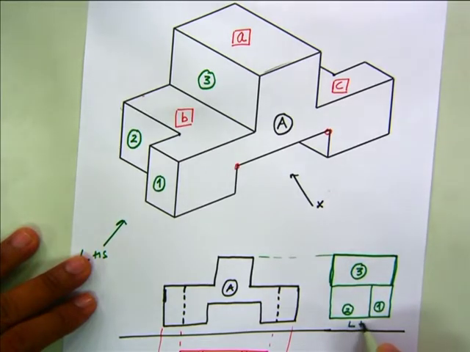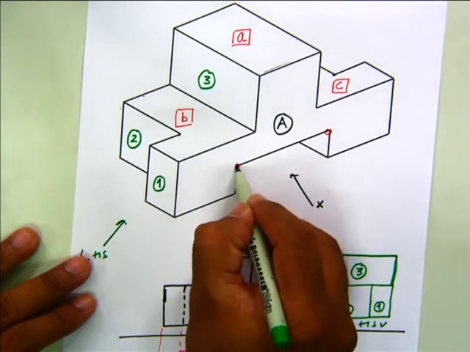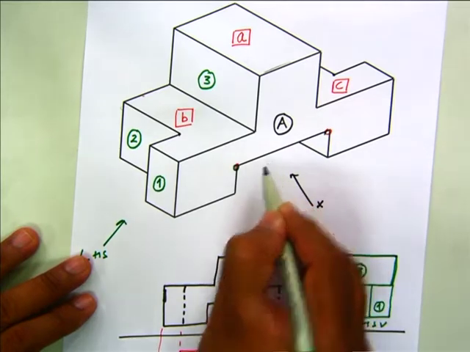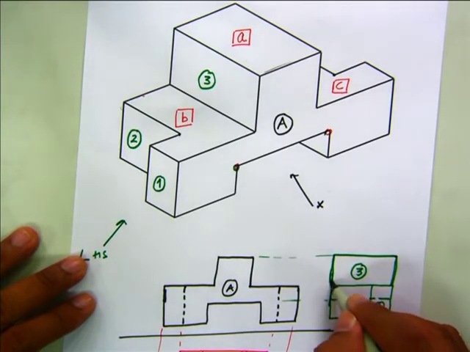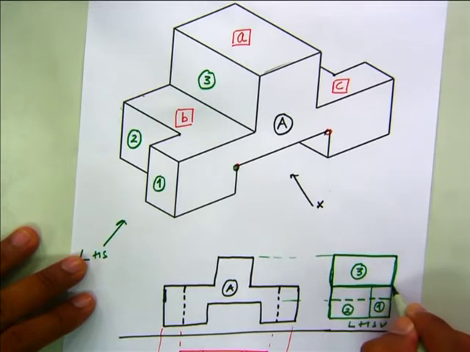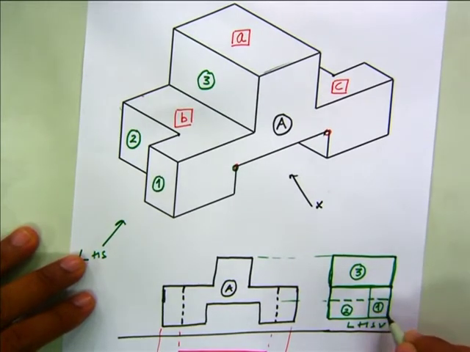This is your left hand side view. Again, this recess you cannot see from this point, so the same you can draw here in a dotted line.